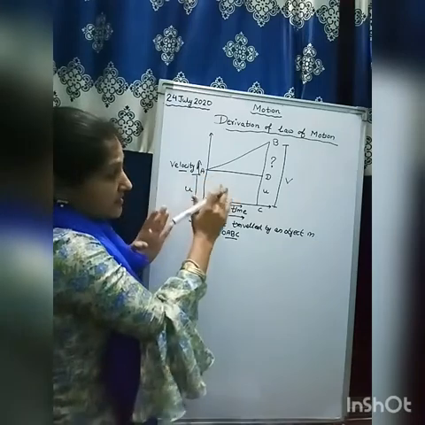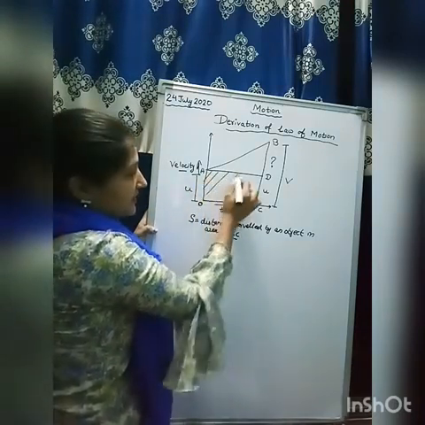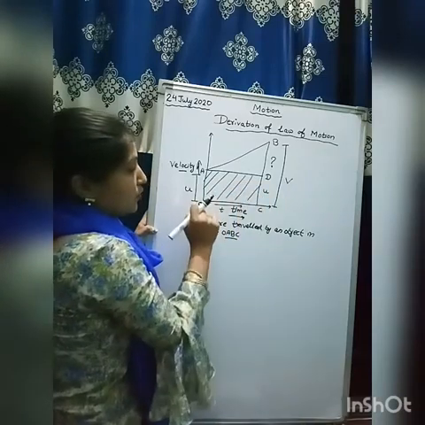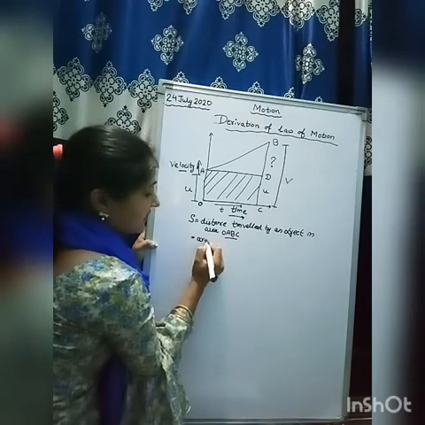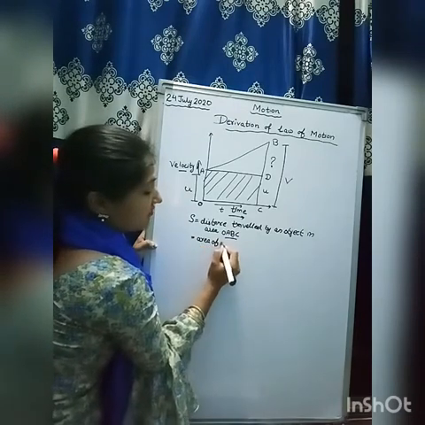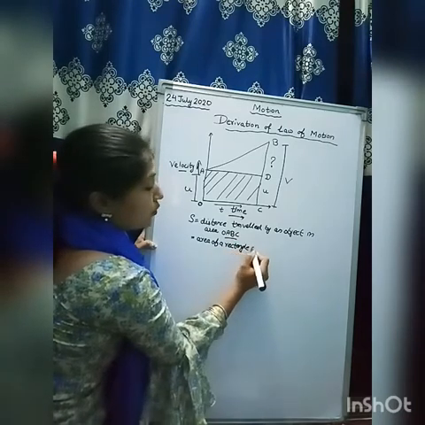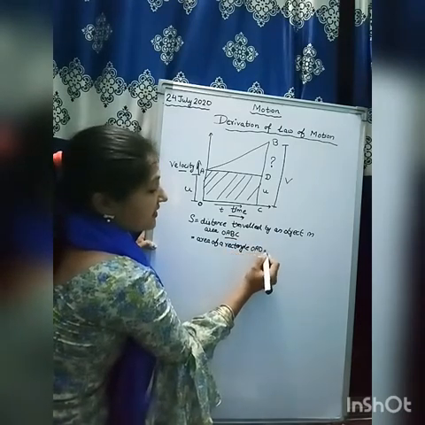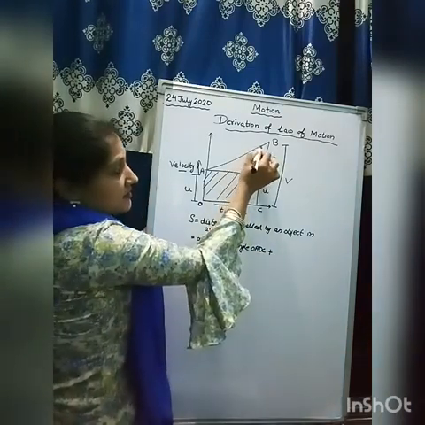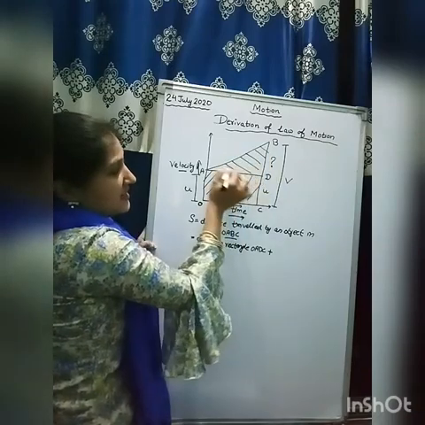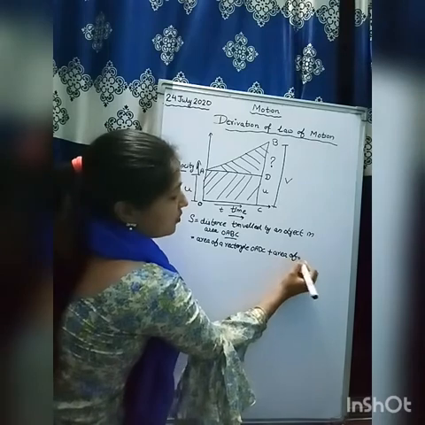If you see properly, then in this case there is a rectangle and a triangle. So let us take the area of rectangle OADC plus the area of a triangle.